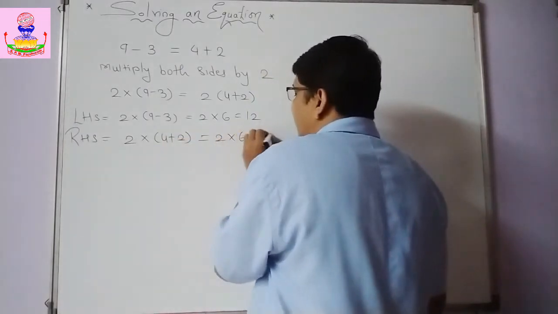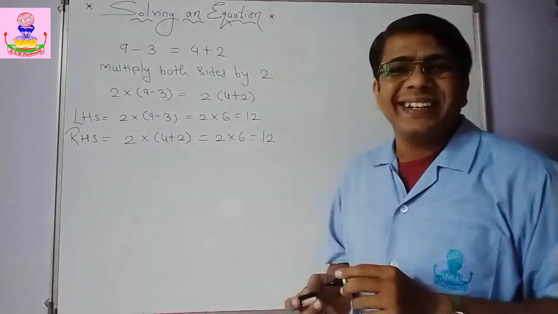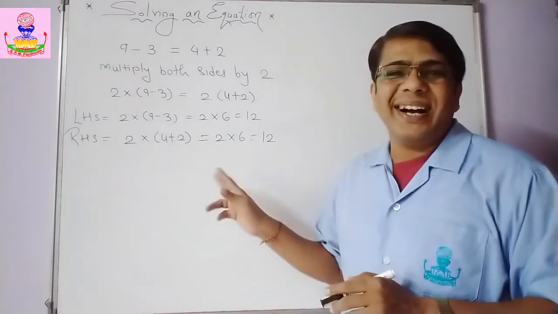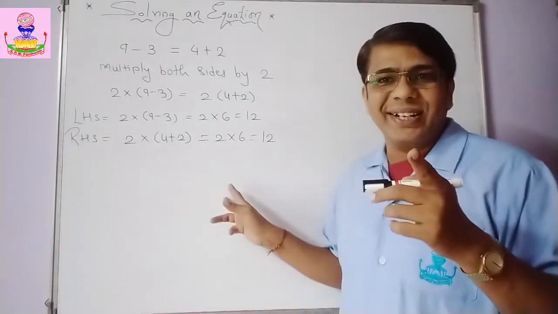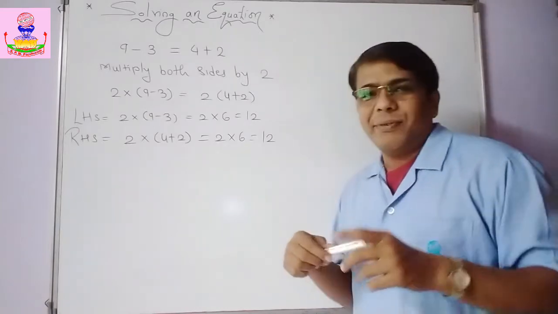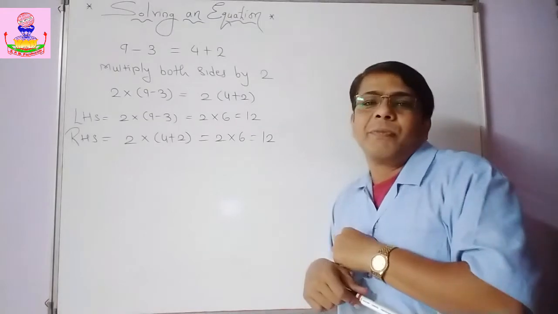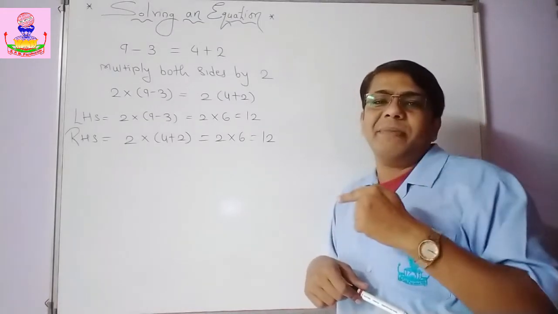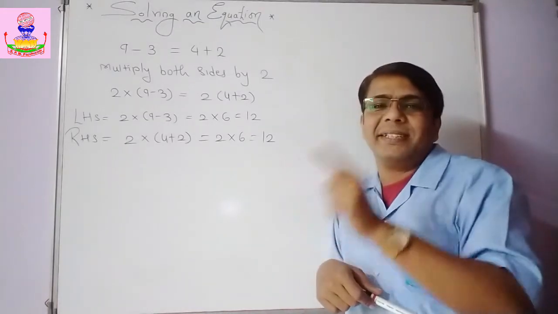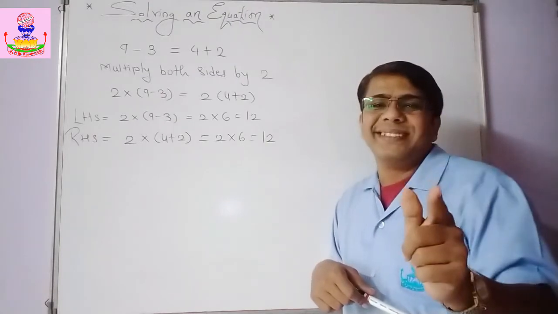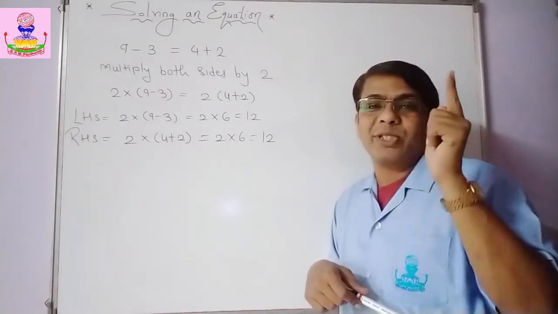And 6 2s are 12. What do you get? LHS is equal to RHS. What can you say? Oh yes, exactly. When you multiply by the same number, that is most important, on both the sides, the equality holds. That means it comes true.